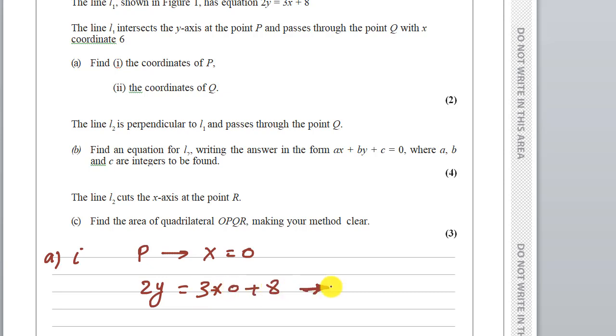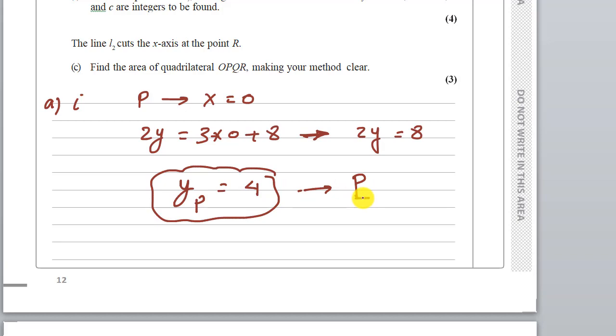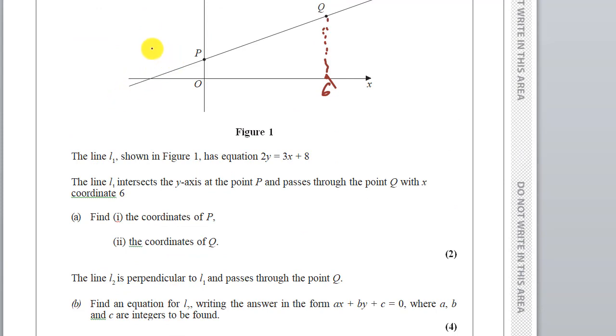From here, 2y is equal to 8, so y of B is equal to 4. So point B is 0 and 4. So here, this point, (0, 4).